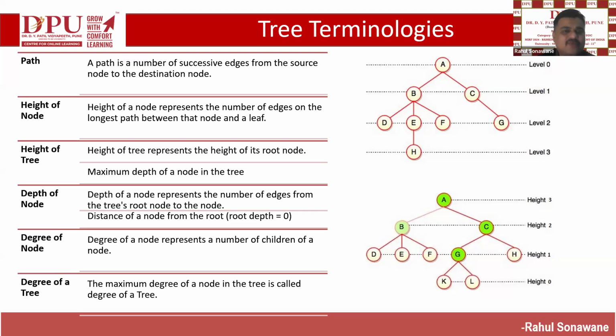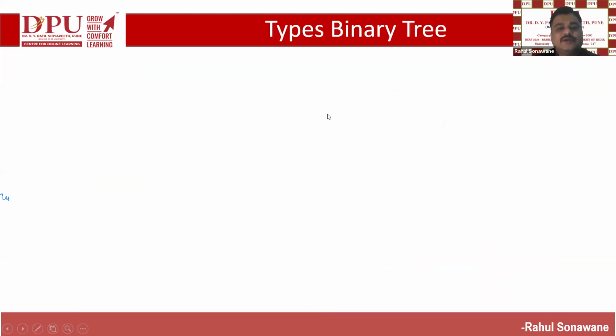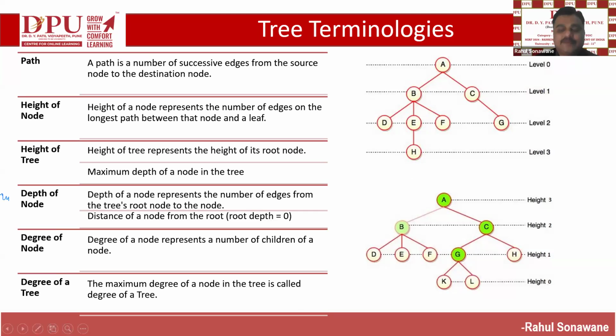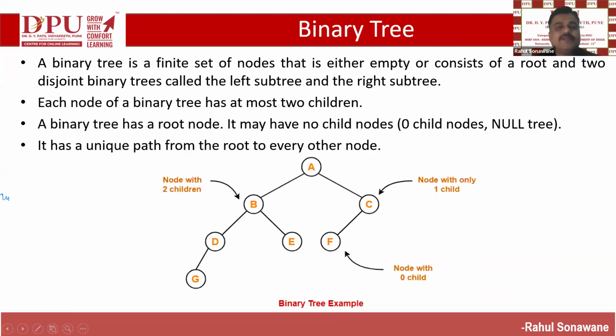Furthermore, a node can have four children or 5 children or n number of children. But we need to restrict ourselves because we need to implement it. And for implementation purposes, the implementable version of the tree is nothing but the binary tree.